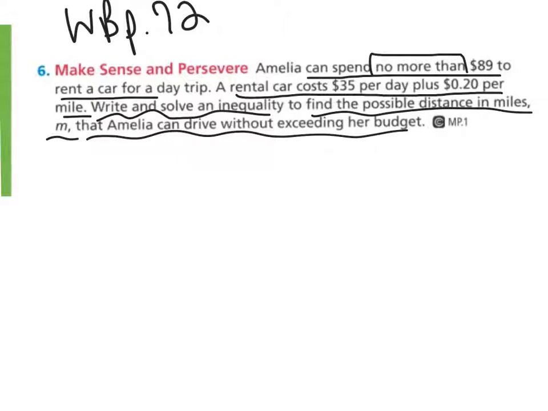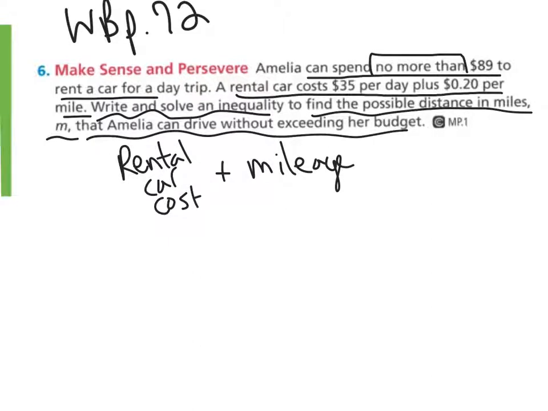So we have basically a cost of the rental car, just the car part, and then we have mileage. And that's basically a cost based off of how many miles that you drive. Okay, so those two parts together, this is the amount that she's spending.